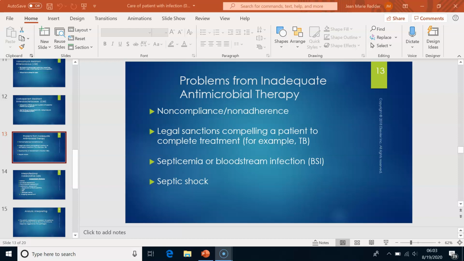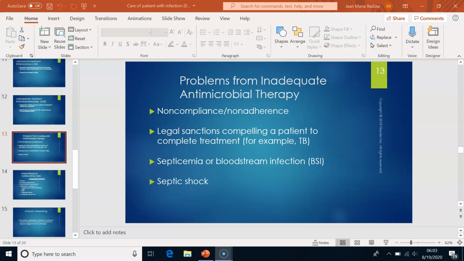Maybe they have a cellulitis on their leg and it's looking a lot better, so they don't take their medication and they save it for another infection instead of completing the course. Or maybe they were given a prescription at the hospital and they discovered that it costs, you know, $200 to fill and they can't afford it. So that's where patient education and coordination comes into play.